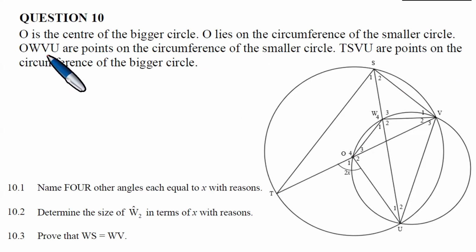T, S, V, U are points on the circumference of the bigger circle. Pay attention. Name 4 other angles, each equal to X with reasons.